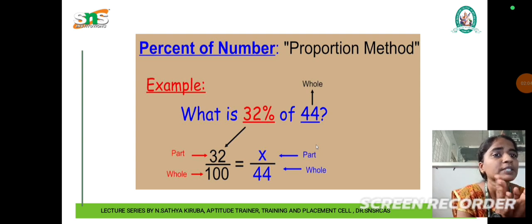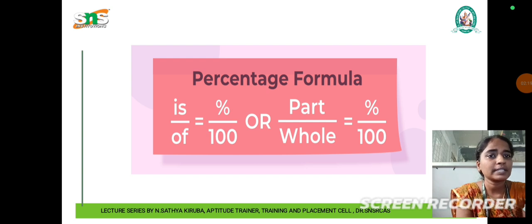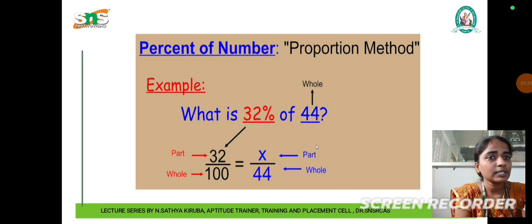What is 32 percentage of 44? Here, the part of the value is 32 by 100, part of the value is unknown, and the value which is the whole part, as I already said in the previous slide, is by of, that is equal to x percentage of 100. Now here, near to "is" is 32 percentage by 100.